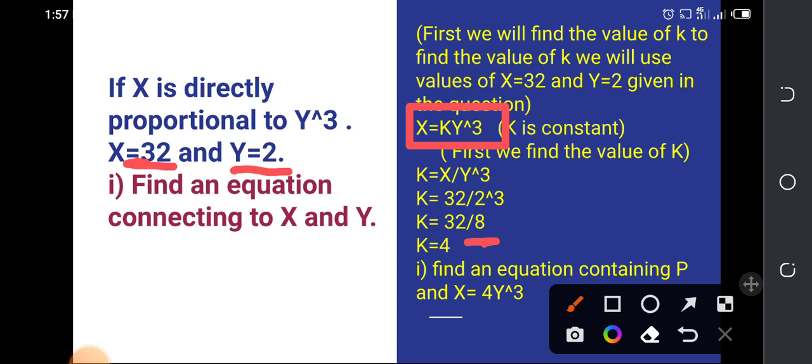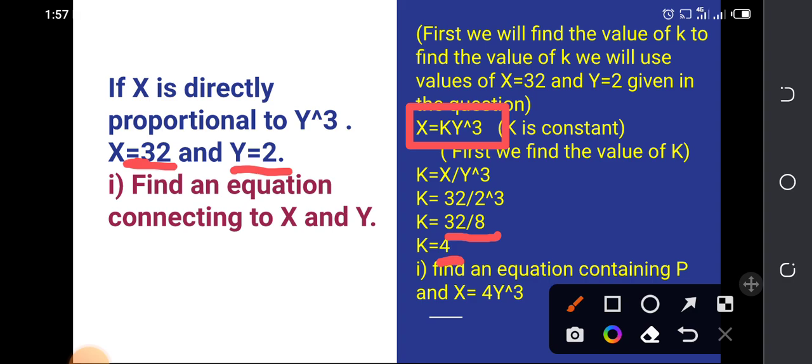So 2 into 2 is 4, and 4 into 2 is 8. So y cube is equal to 8. By dividing 32 by 8, we get the answer 4. So the value of k is 4. Here we found the value of k.